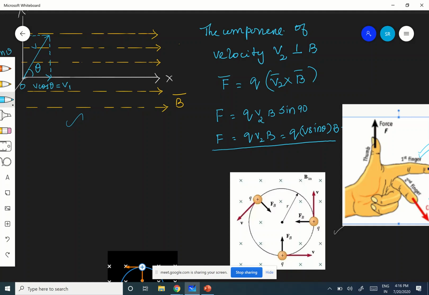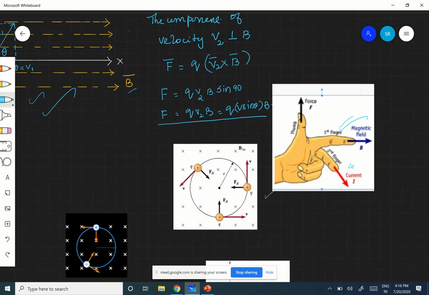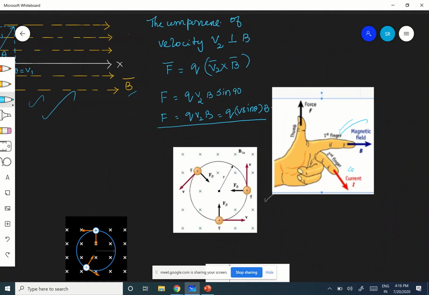See what happens actually. I want to show this properly, so let me change the direction of B. Up to this, the direction of B was along x direction. But now to make you understand, see here, this is a cross.